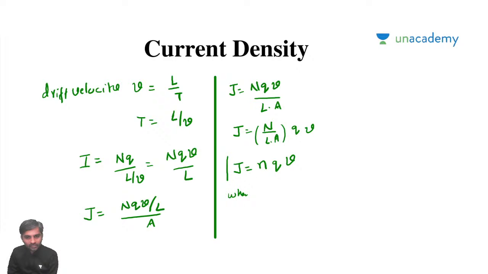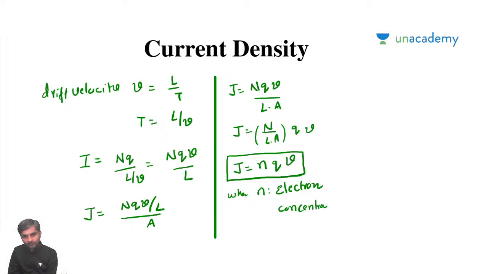This is a very important thing you should remember: J is equal to nqv, where n is the electron concentration, that is the number of electrons per unit volume.